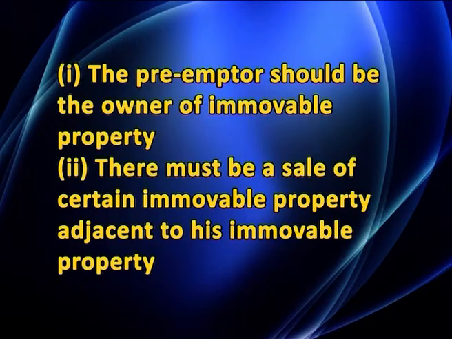The things required for the application of this right are: 1. The pre-emptor should be the owner of immovable property. 2. There must be a sale of certain immovable property adjacent to the immovable property. That is, the property which has been sold should be close to the person who claims the right of pre-emption.